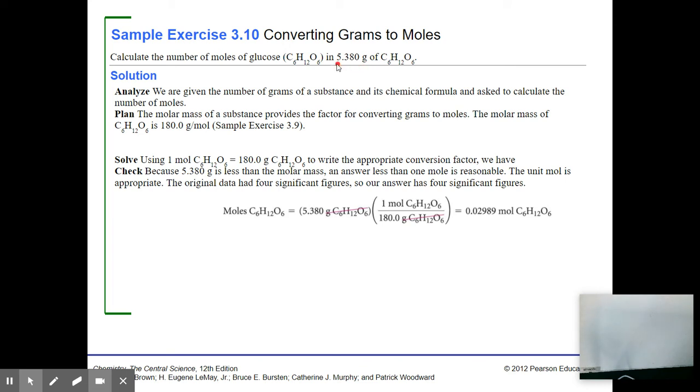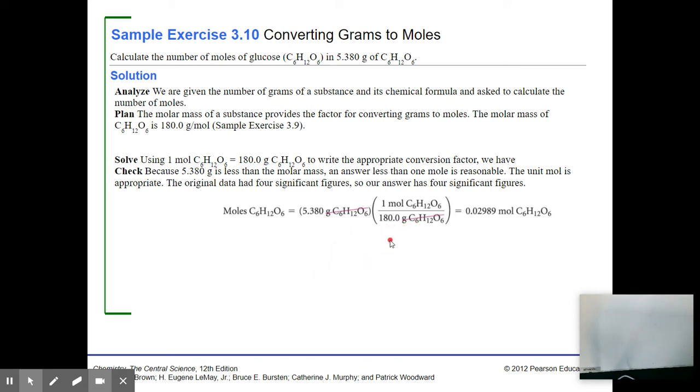So what do we write first, as always? Given, which is 5.38 grams of glucose right here. And what do we use to go from grams to moles? Molar mass. You notice how molar mass is set up here.